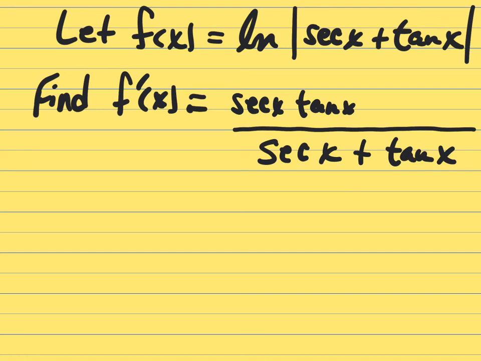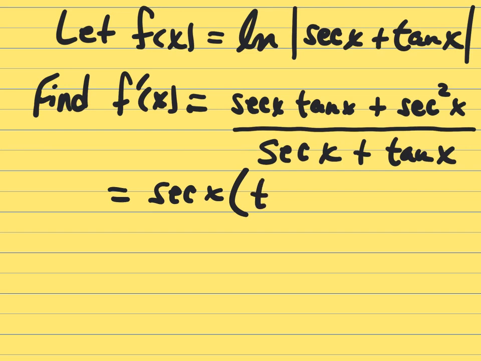The derivative of tangent is secant squared. Factoring a secant x from the numerator, I'm going to go ahead and put that little dx. I didn't have room right above it, but I'll include it here.